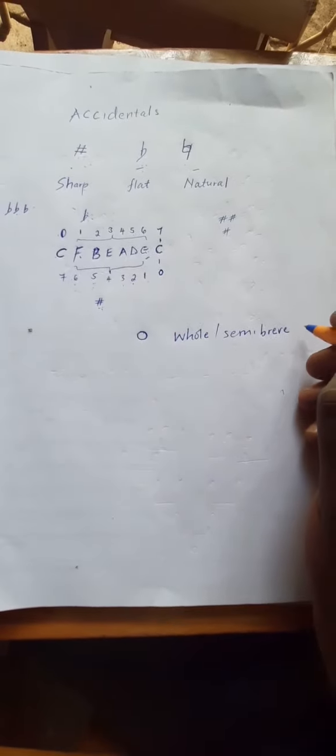Now, this semi-breve, it is 4/4. It has got 4 beats in it. 4/4 means that when you strike, for example, when you press a key on a piano, dum, you have to count up to 4 for you to get the next one. For example, dum, 1, 2, 3, and 4.